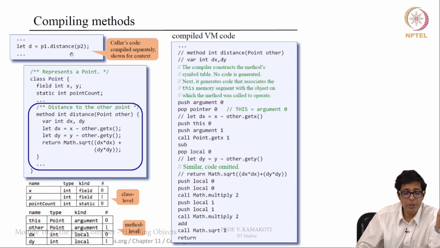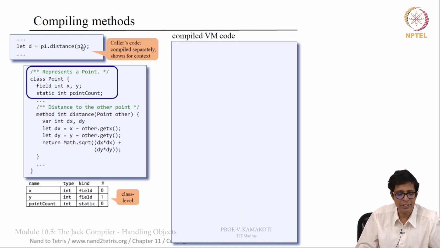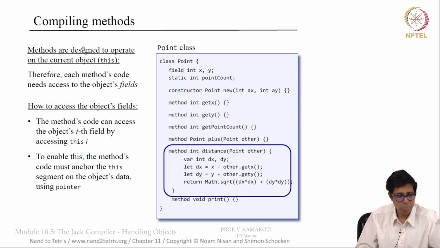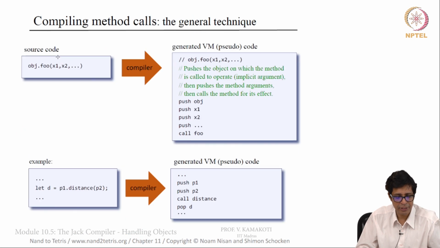Now when this p1.distance(p2) is compiled, first we push p1, then push p2, and then we call distance. That is what we have seen here.